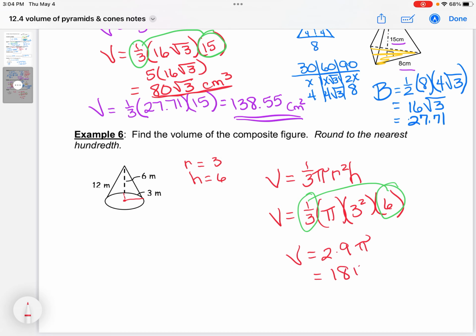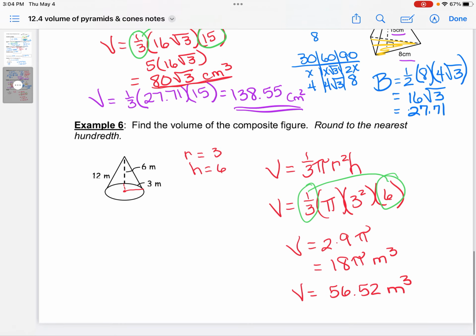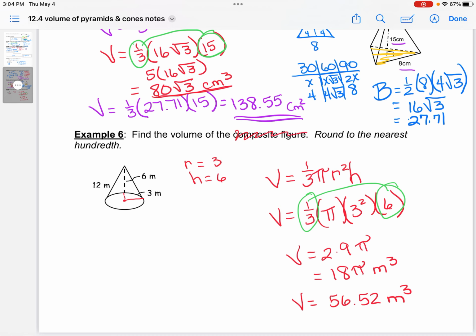So I'm going to have volume equals 2 times 9 pi, which is 18 pi. Or, if you feel the need to change it, 56.52 cubic meters.